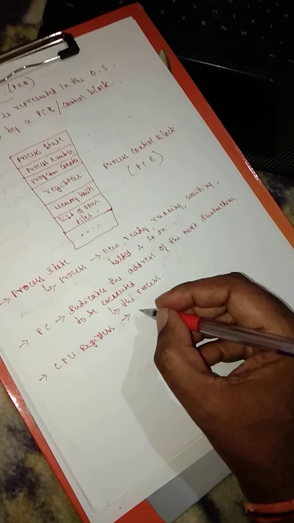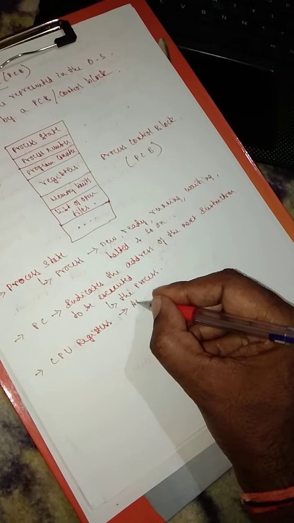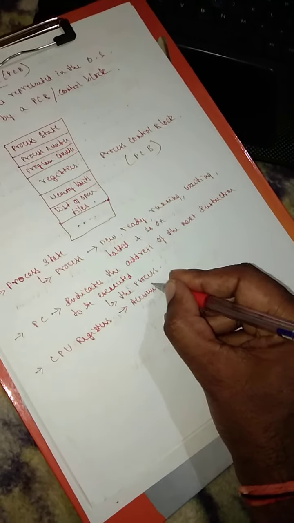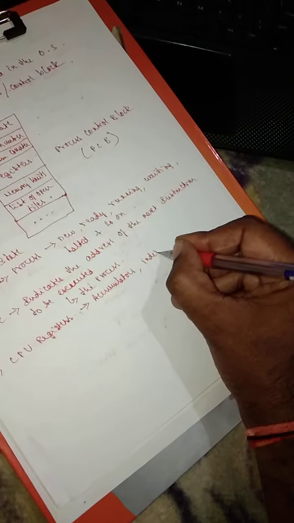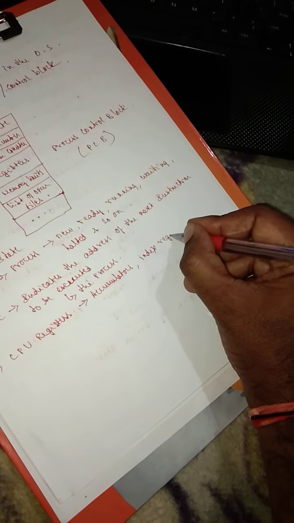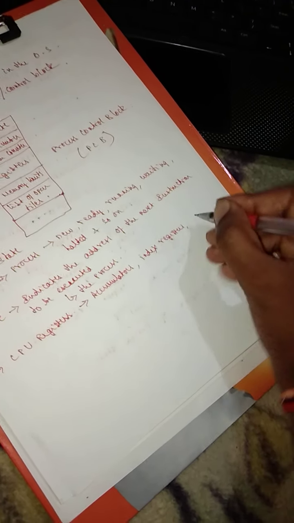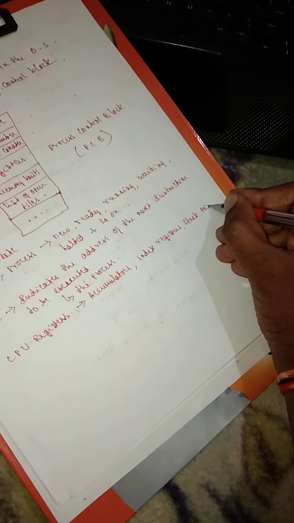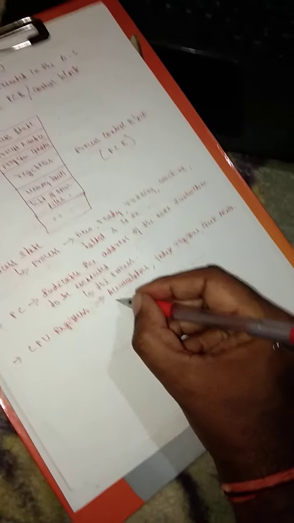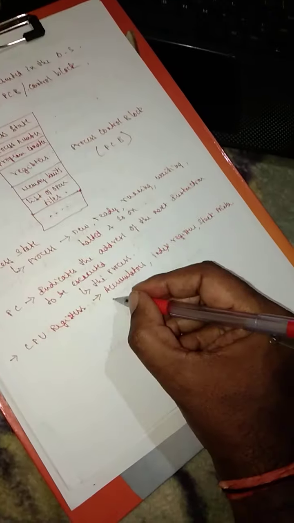In general, it might include accumulators, index registers, stack pointer, and general purpose registers, and so on.